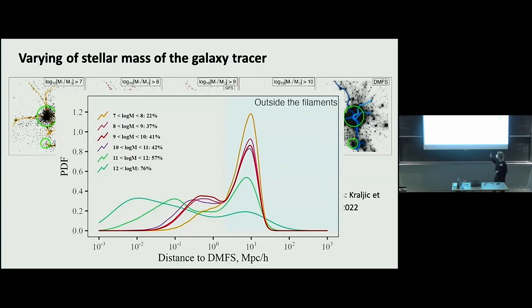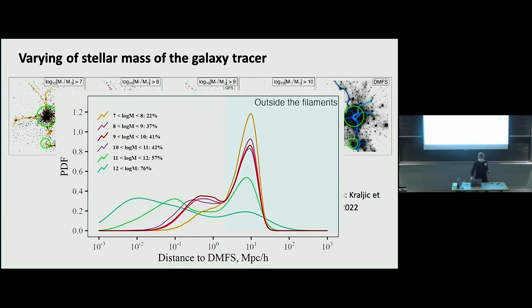They are pretty close to the filament axis. And in contrast, for low mass galaxies, between 10^7 and 10^8, only 22% can be found near the filament system. So there is a higher probability to find low mass galaxies quite far from the filaments.